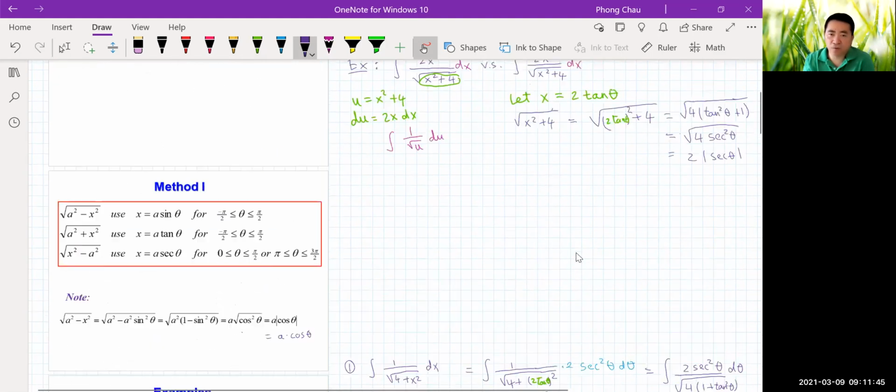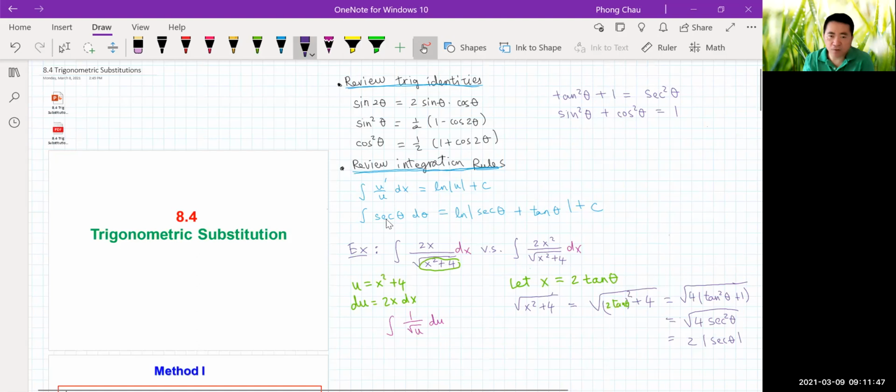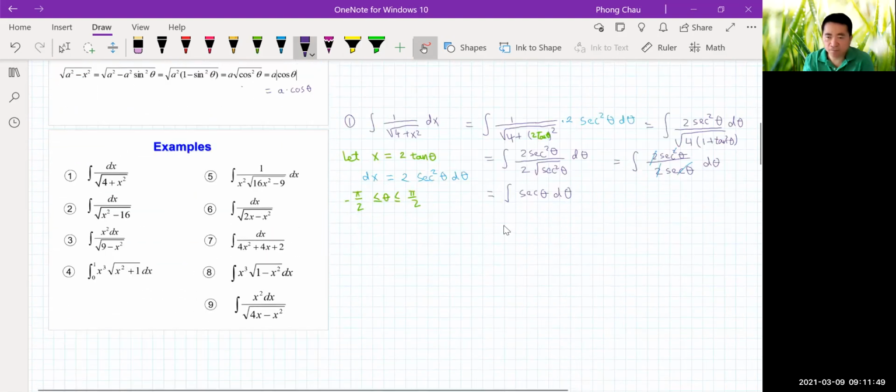Okay, so a review: the integral of secant is the natural log of the absolute value of secant theta plus tangent theta, plus c.